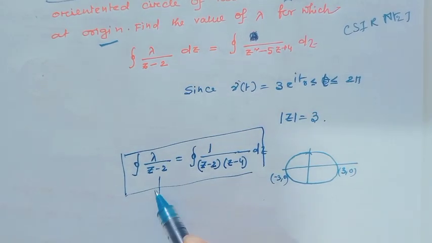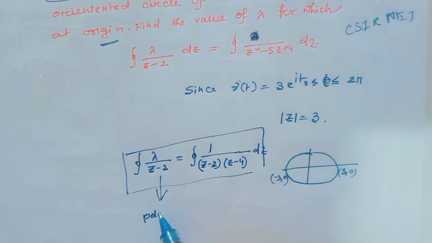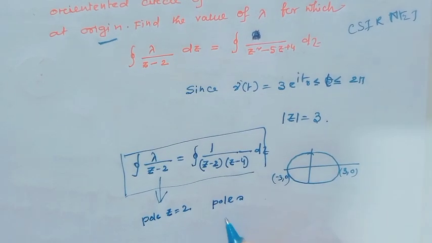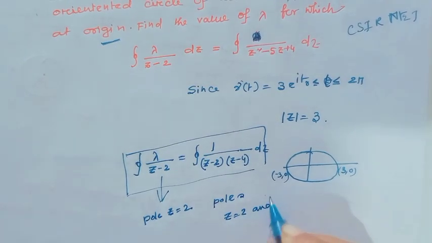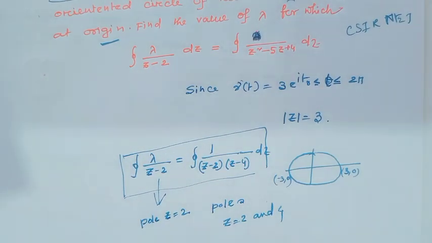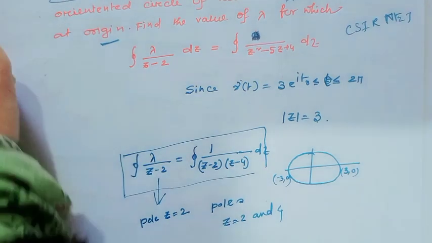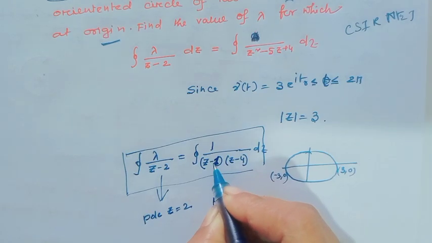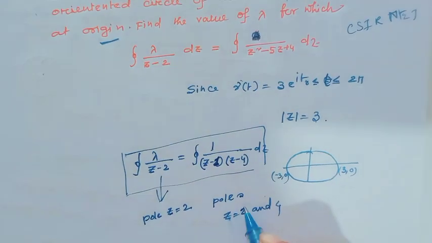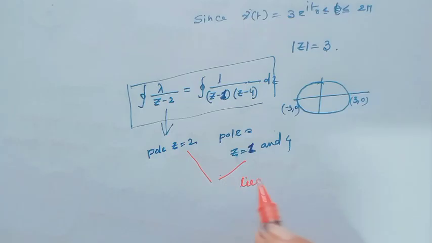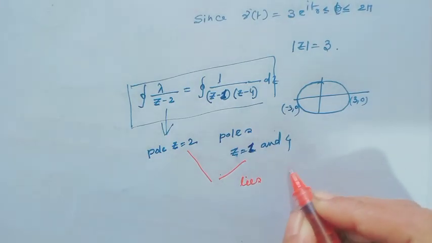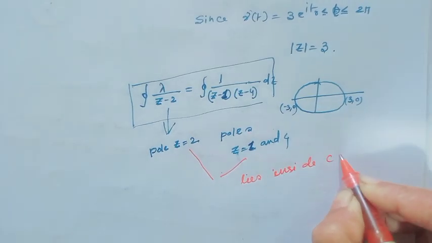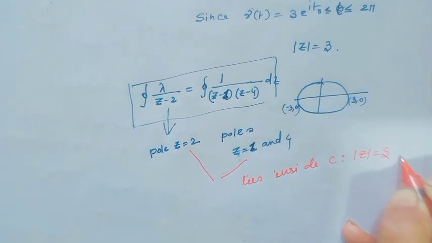Notice the pole of the first is z equal to 2, and the poles of the second are, since z squared minus 5z plus 4 is z minus 1 times z minus 4, z equal to 1 and 4. Both z equal to 2 and z equal to 1 lie inside the circle mod z equal to 3.